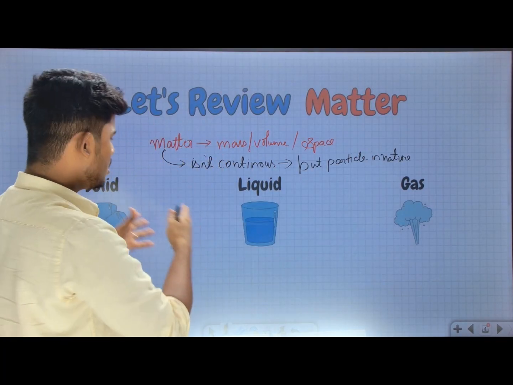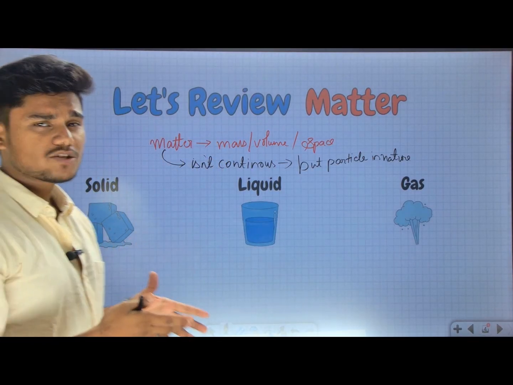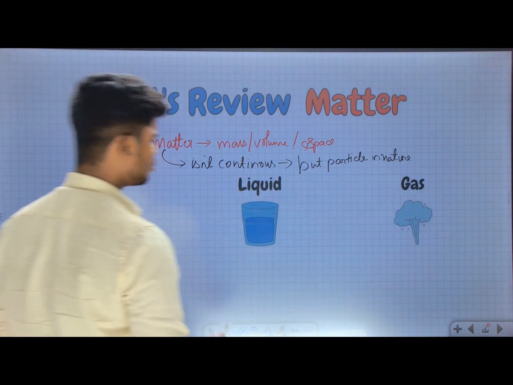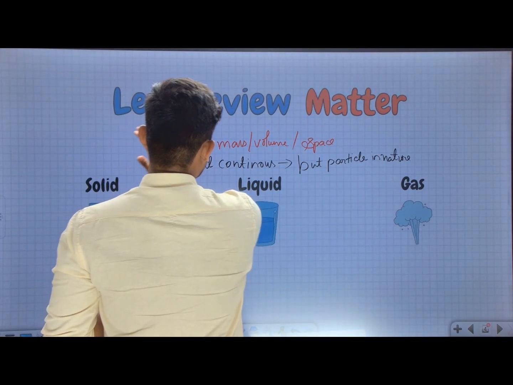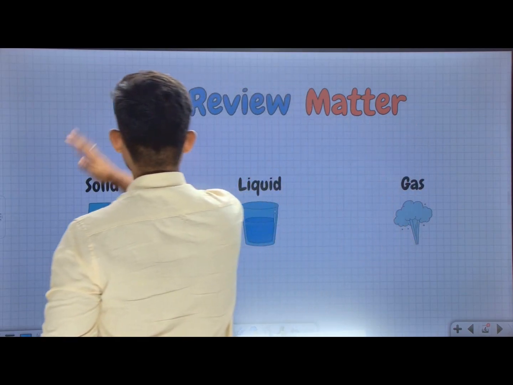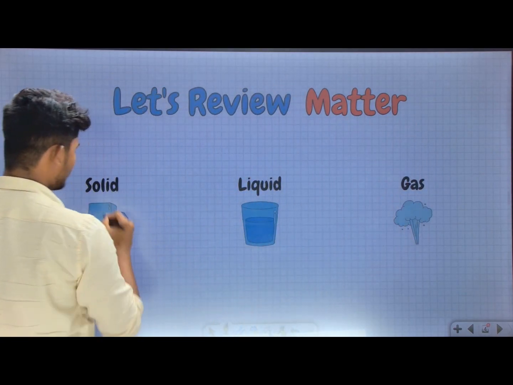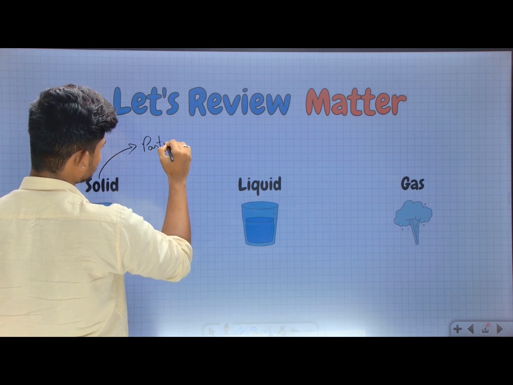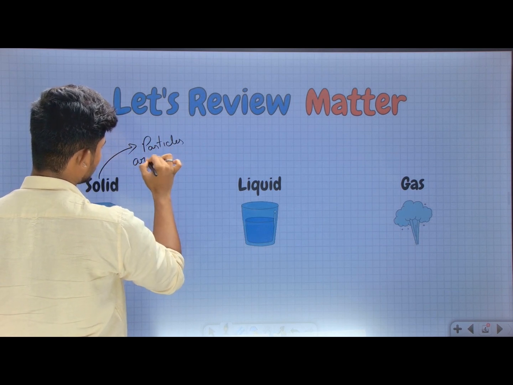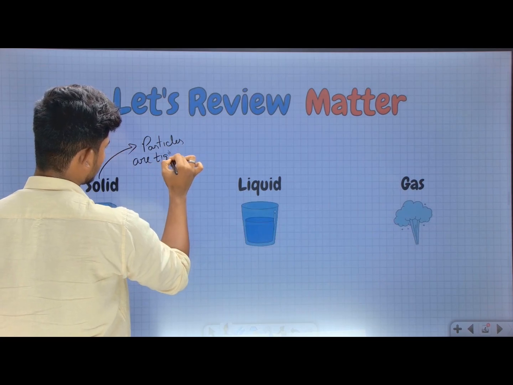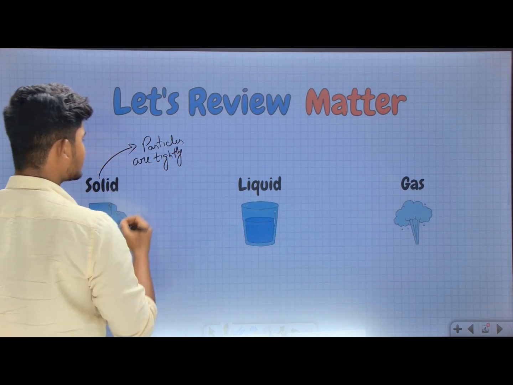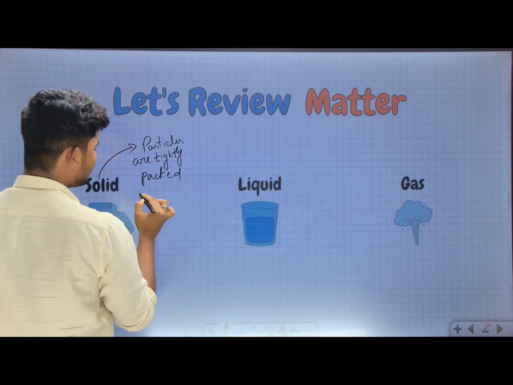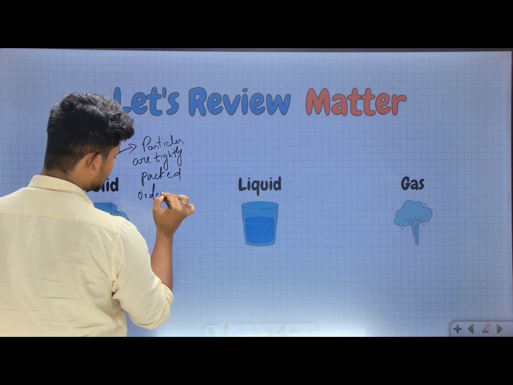In this following slide, we understand that since matter is based on particle nature, based on the arrangements of particles, matter is divided into three types. Solids: particles are tightly packed, and since particles are tightly packed, they have very ordered arrangement.